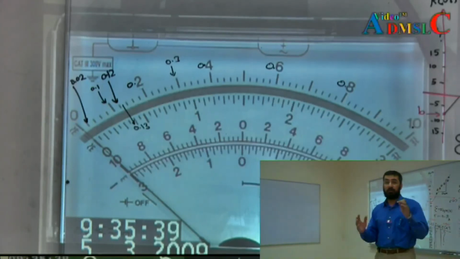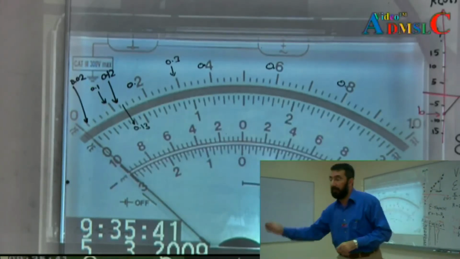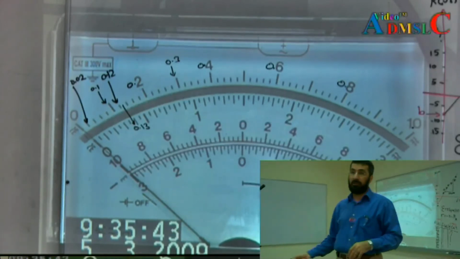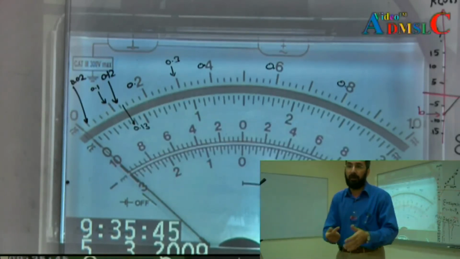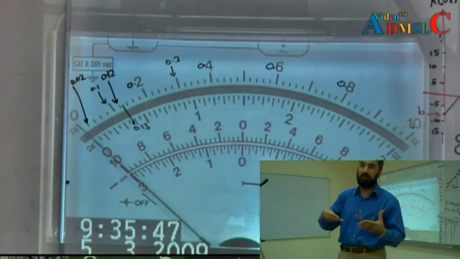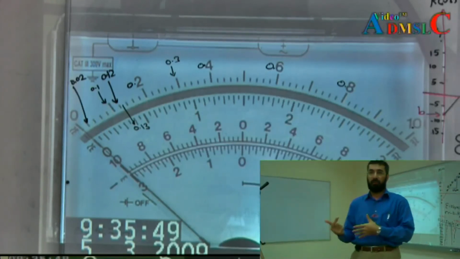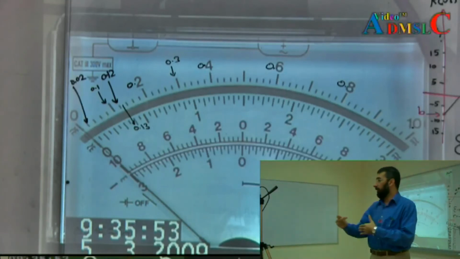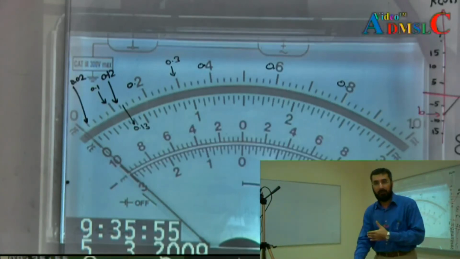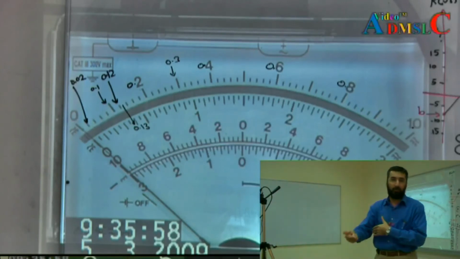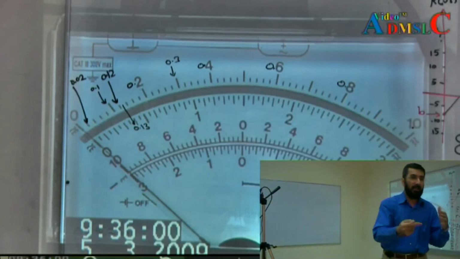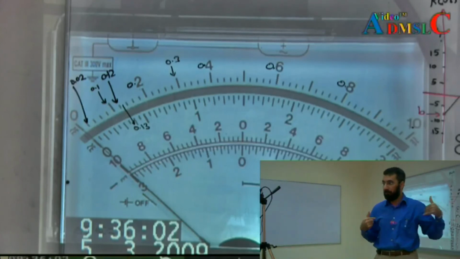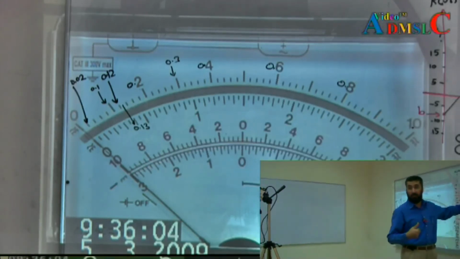Very fast, because if you connect the circuit for a long time, the battery will get exhausted. I mean, your battery may start at 9 volts, and after 1 minute it will be 8.9, after another minute 8.8, and so on. But in this experiment we suppose it is constant.